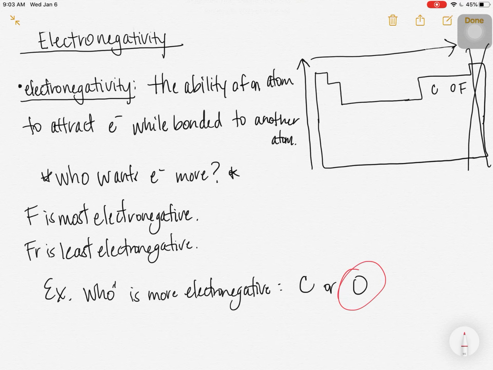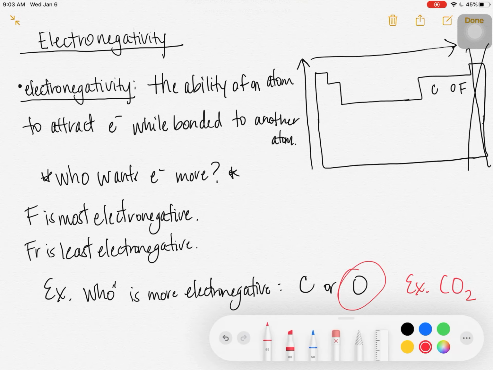So in a compound that contained carbon and oxygen, a very famous example is CO2, carbon dioxide, which we exhale, the oxygens are the ones who have a greater attraction for the electrons than the carbon. And that's all that means to be more electronegative. So that's what you should be able to answer after that short discussion. That's pretty much it for electronegativity.